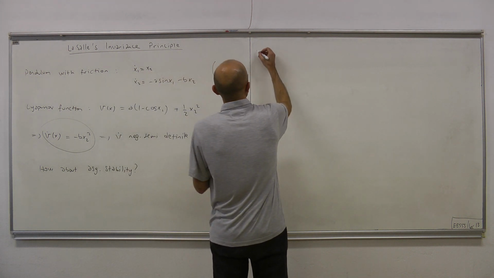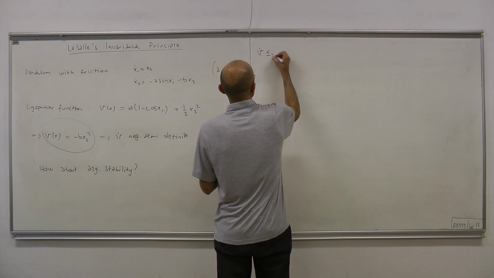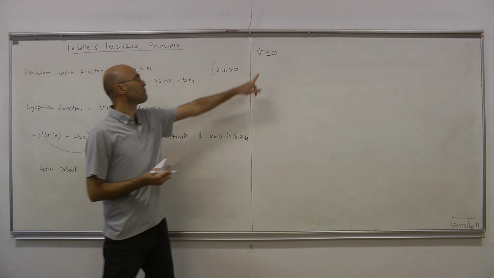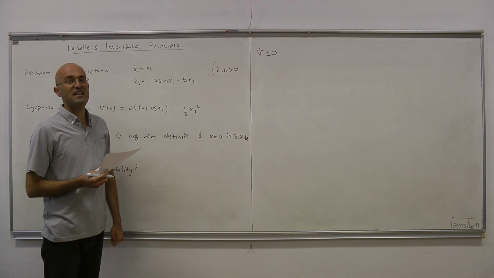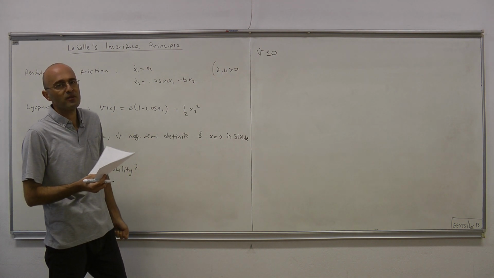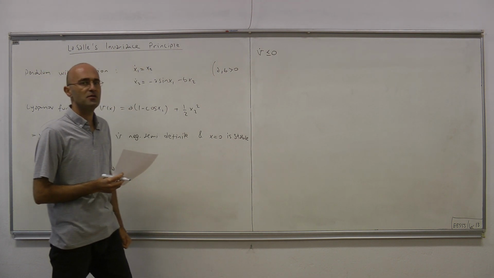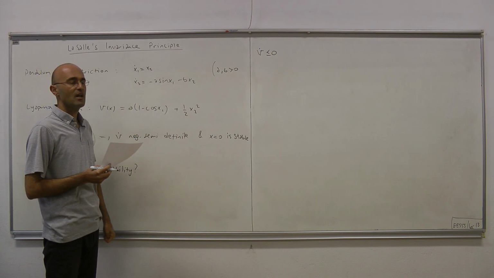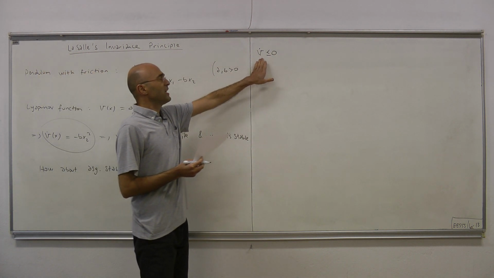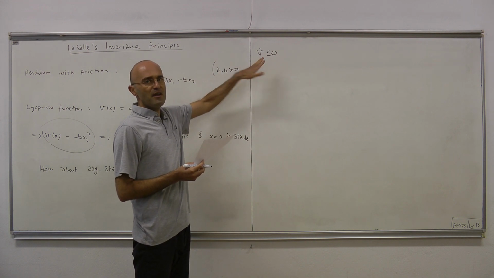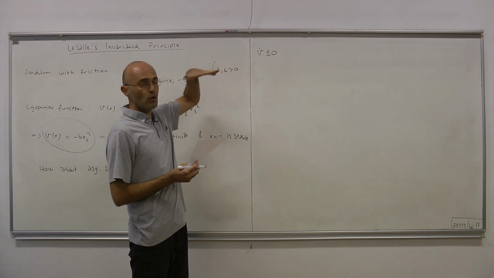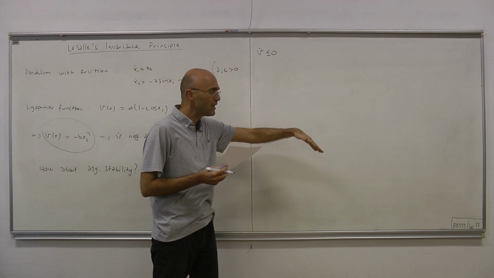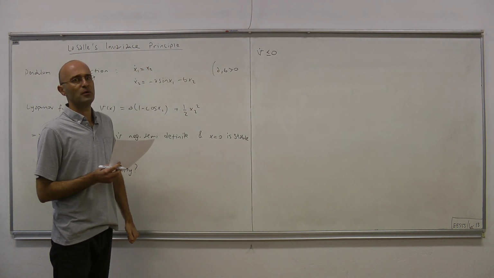So let's try to figure out the consequences of V dot being never positive. It's negative sometimes and sometimes it's zero along the solutions of the system. Now we have a scalar function and its derivative is never positive. It's always either zero, flat, or every once in a while it goes down a little bit.